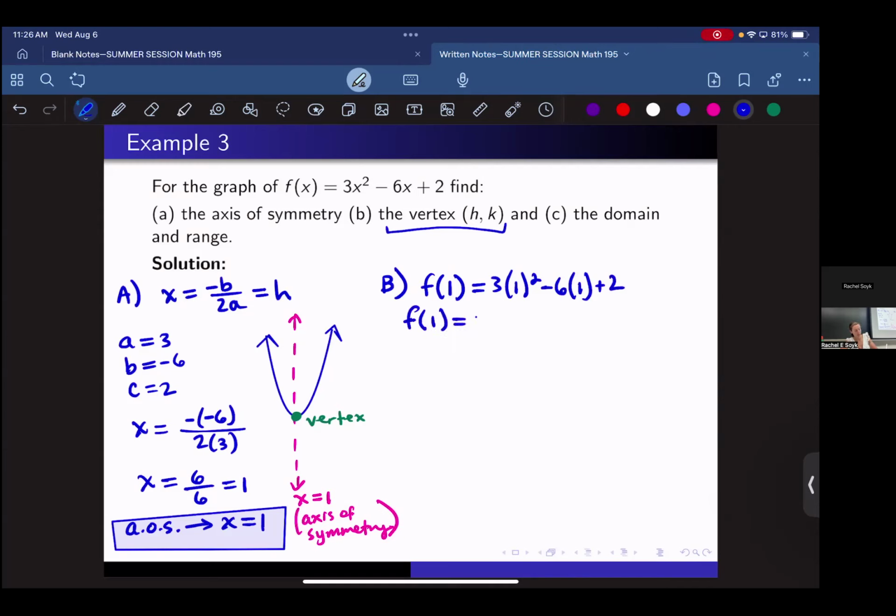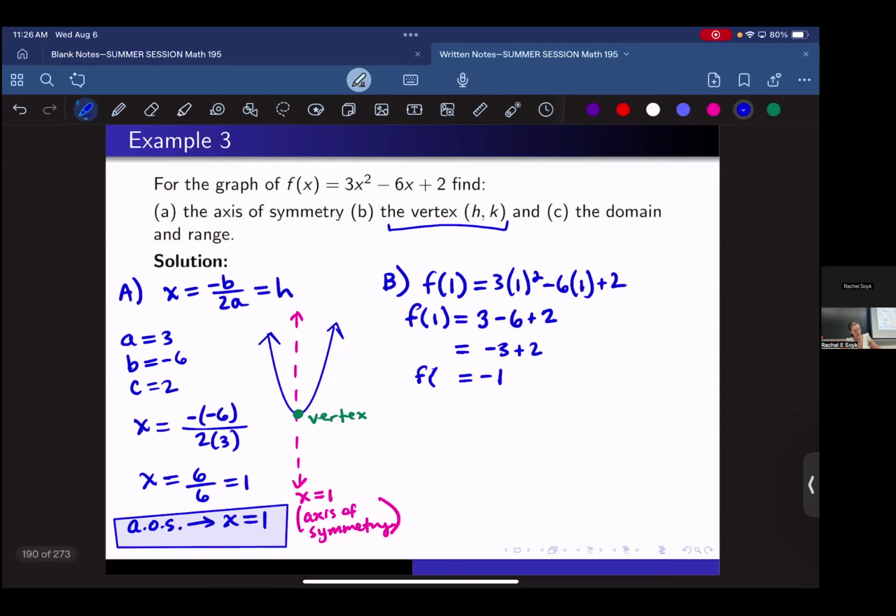One squared is 1, times 3 is 3, 6 times 1 is 6, plus 2. So we get -3 plus 2, which gives us -1. Therefore, our vertex is 1, comma, -1.